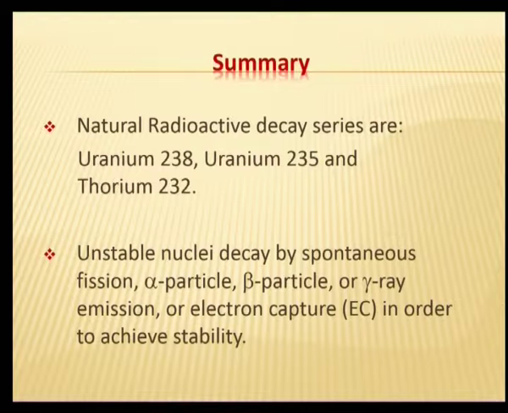Natural radioactive decay series are uranium 238, uranium 235 and thorium 232. Unstable nuclei decay by spontaneous fission, alpha particle, beta particle or gamma emission or electron capture in order to achieve stability.